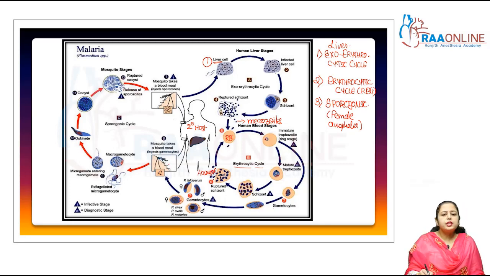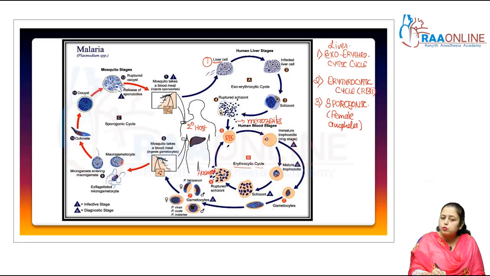When the mosquito takes a blood meal and ingests the gametocytes with the blood, these gametocytes mature, sexual reproduction occurs, and they form the macrogametocytes and the microgametocytes, right? These microgametocytes enter the macrogametocytes and form the ookinete.